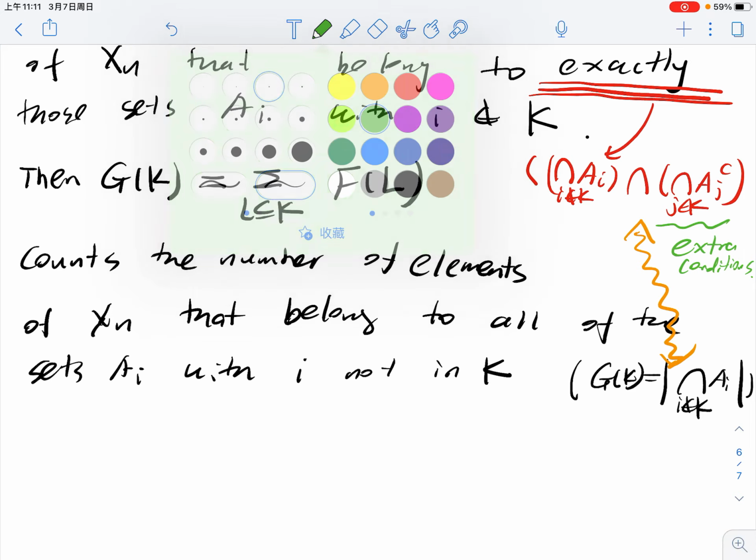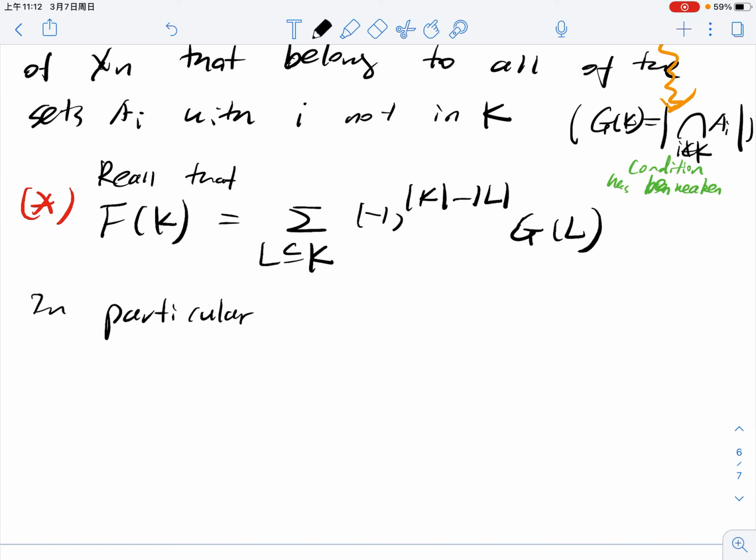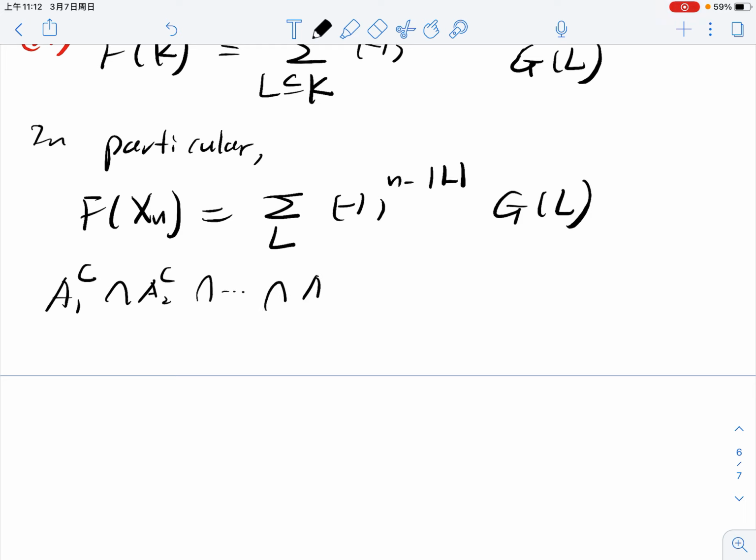You have this, and in particular, for the larger set Xn, you will have this formula. And what is this formula? If you rewrite it, you will find it is just the formula for the cardinality of the intersection of all complements.